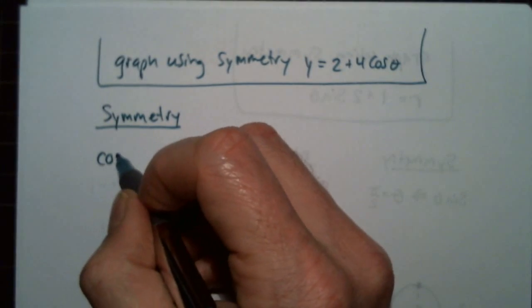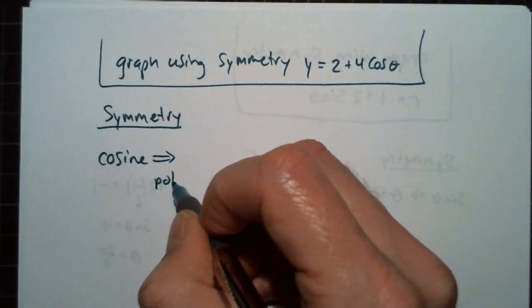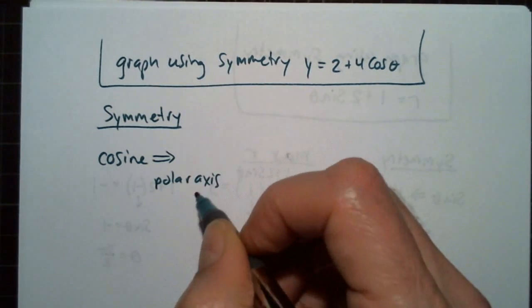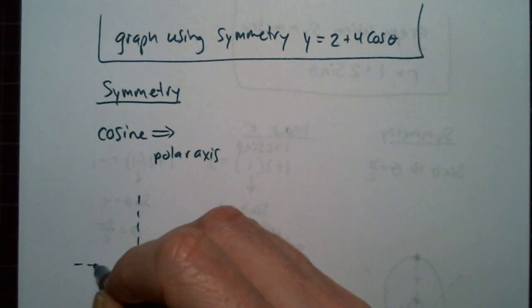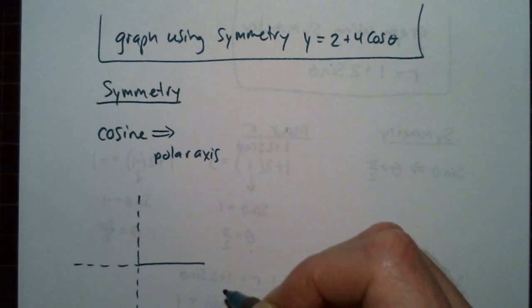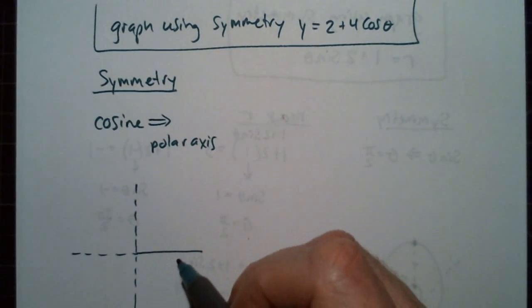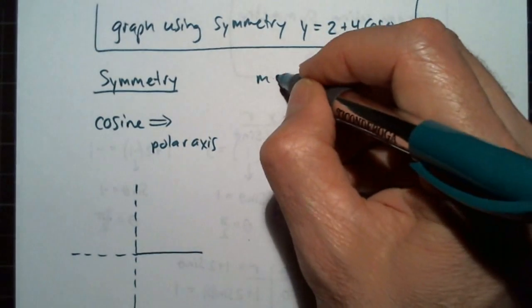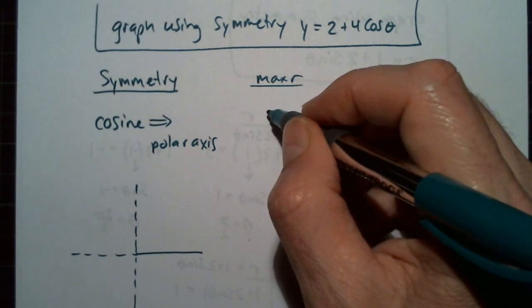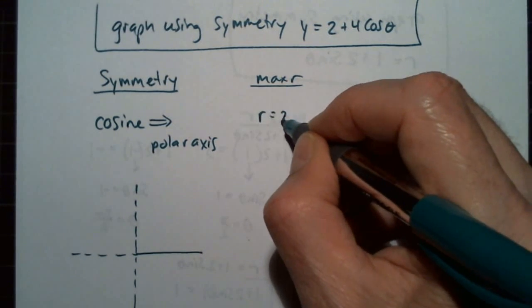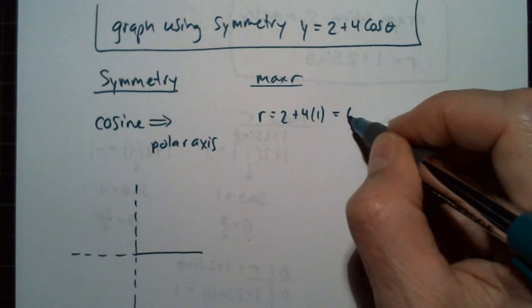So if we have cosine, we would expect polar axis symmetry. And that means when we're looking at the graph, we want to see something that's symmetric on both sides of the polar axis. The maximum r is when you put a 1 in place of cosine, and that would give you 6.